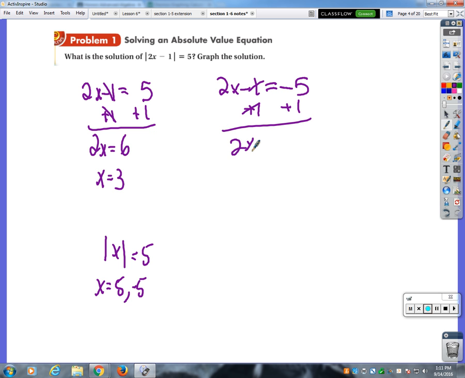Just like we did before, but this time, since it's negative 5 plus 1, it's 2x equals negative 4, so my other answer is negative 2, okay? And you can check that by plugging it in. Negative 2 times 2 is negative 4, minus 1 is negative 5, and the absolute value of that is, in fact, 5. Okay, so then if we graph the solution, I get 3 and negative 2, and a dot at each one. All right?